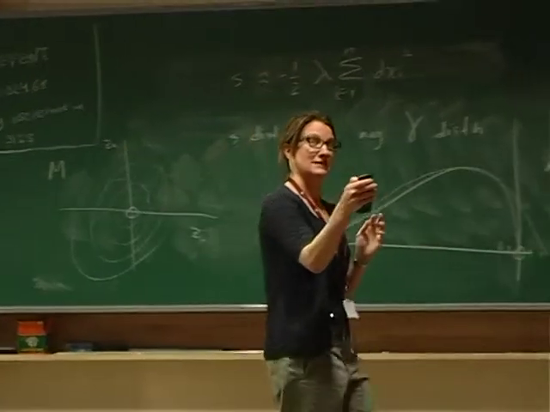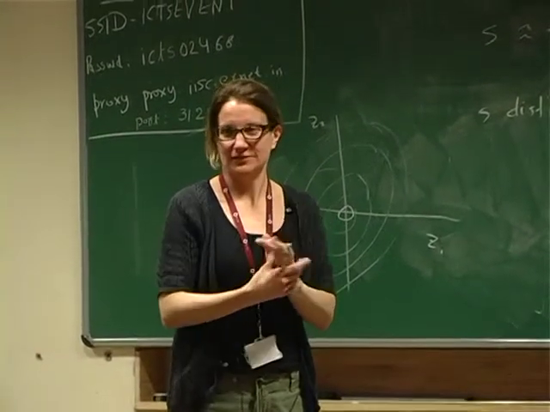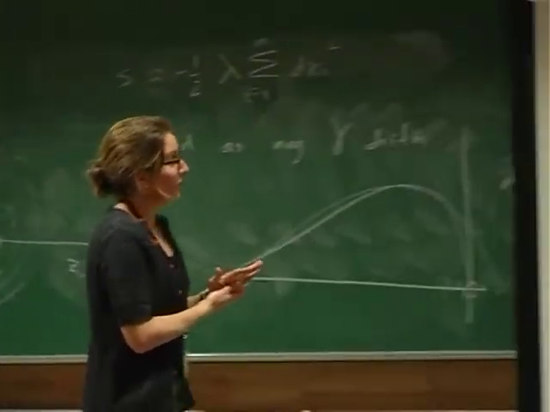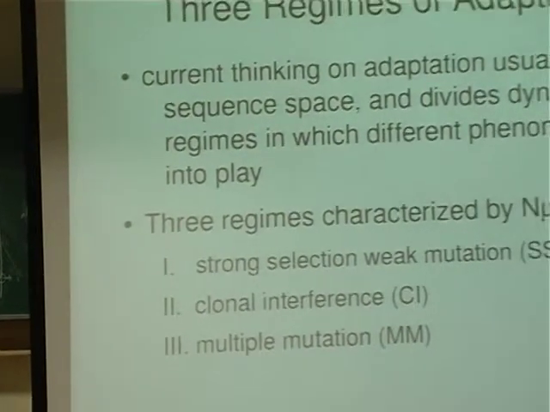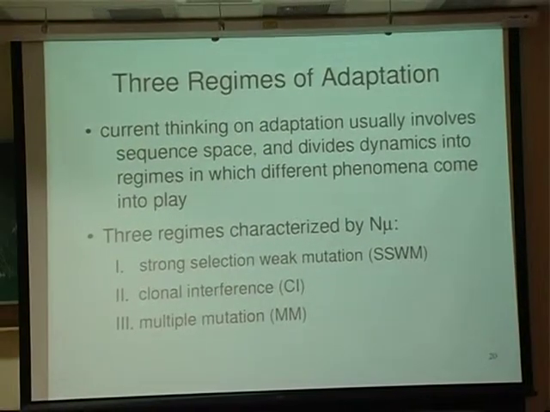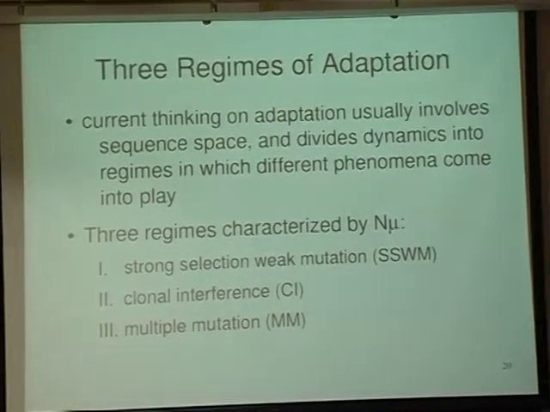Okay, so that's the end of the little box, and now we're just going to pick up the historical story again. And the more current thinking, well, not that this stuff isn't current, involves sequence space. And we think about the dynamics in different regimes in which adaptation has very different behavior.